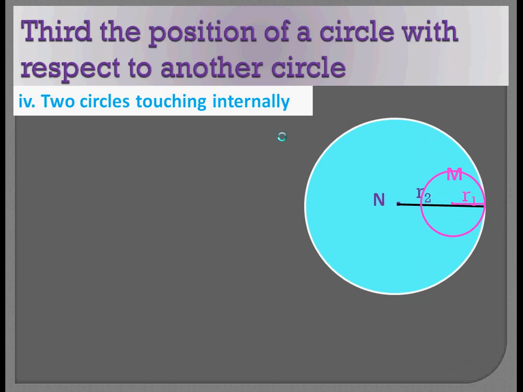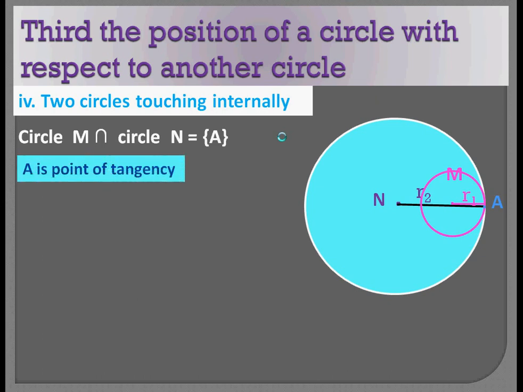As you see, the two circles are touching internally at the point A. The intersection between the two circumferences is A, but the intersection between the two surfaces is circle M.